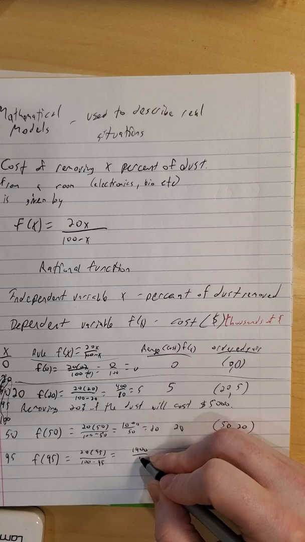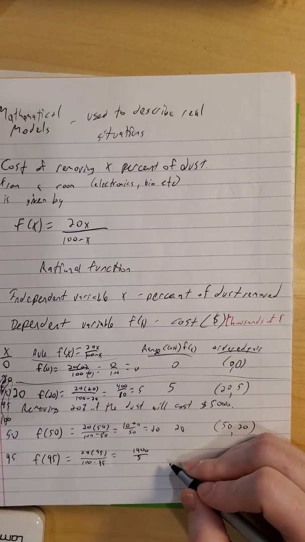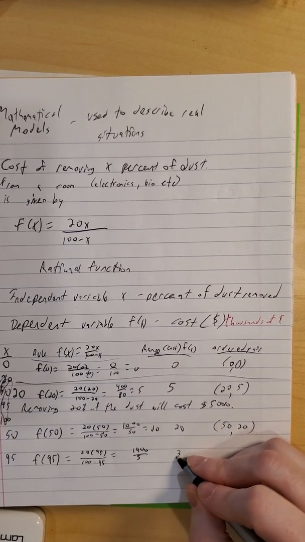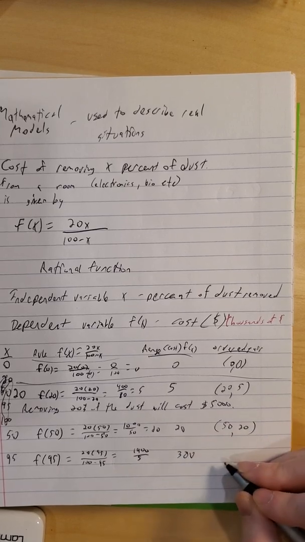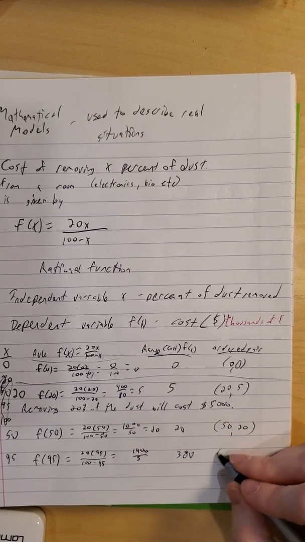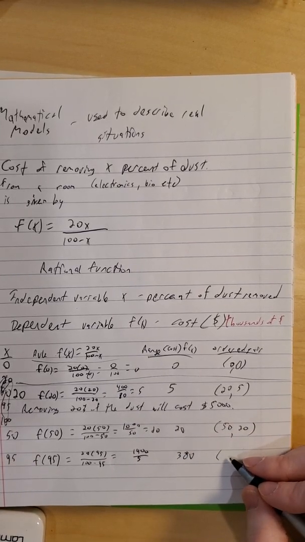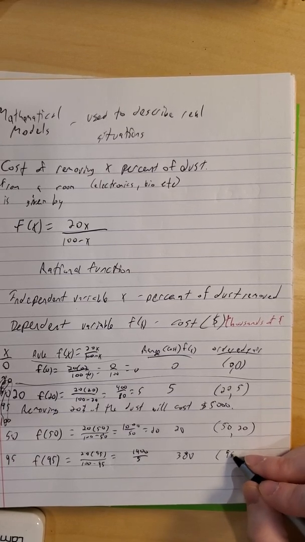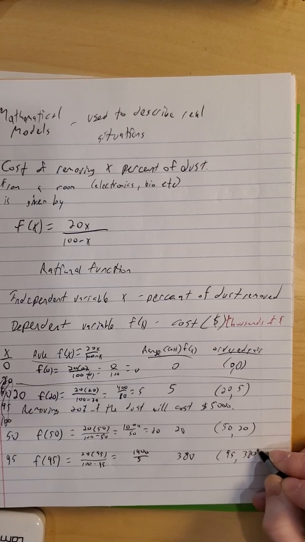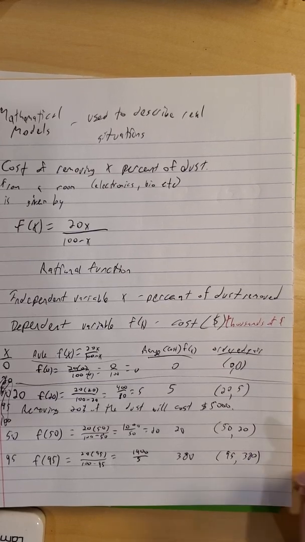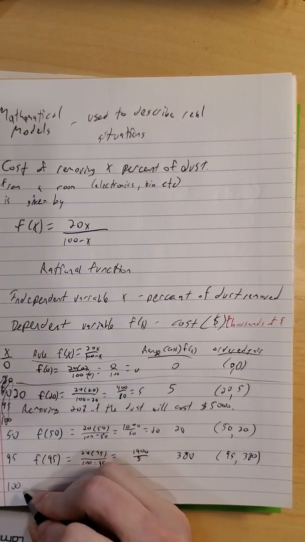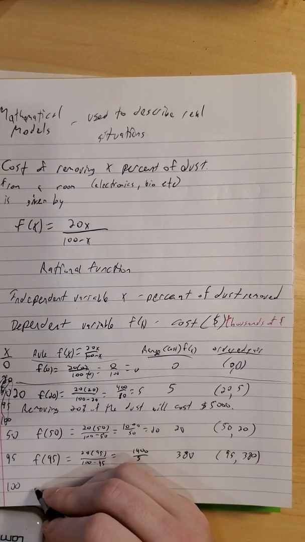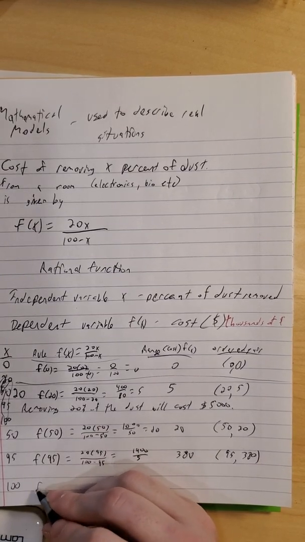So 1,900 over 5, which is 380. So removing 95% of the dust in the room, now that's running us $380,000.